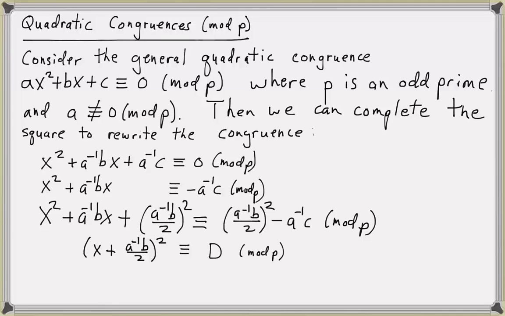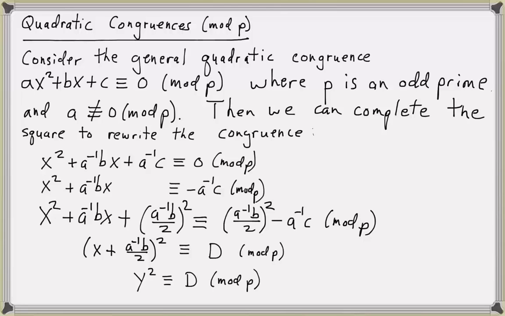If I make a change of variable, I reduce this to an equation that looks like y squared is congruent to some number d mod p. So the quadratic congruence that we began with can be simplified to one of the form with a variable squared congruent to a number mod p. And these are the types of quadratic congruences that we're going to study in this lesson.